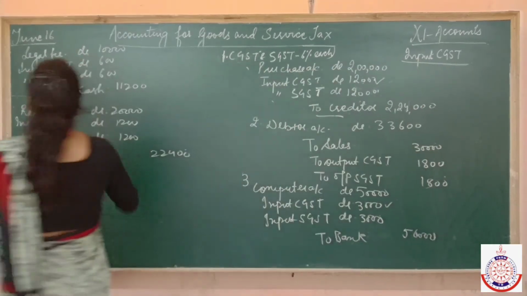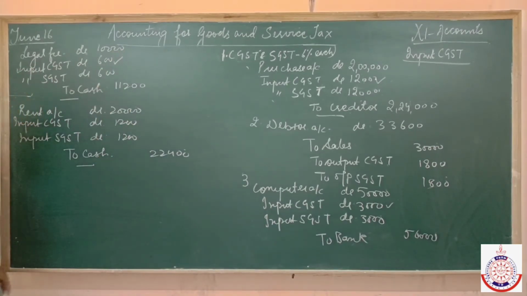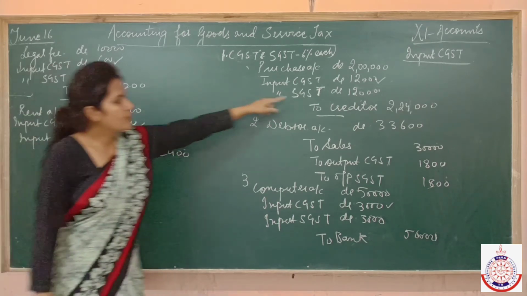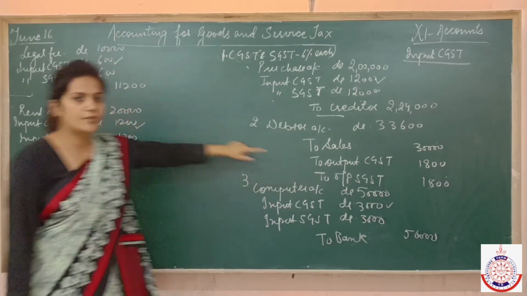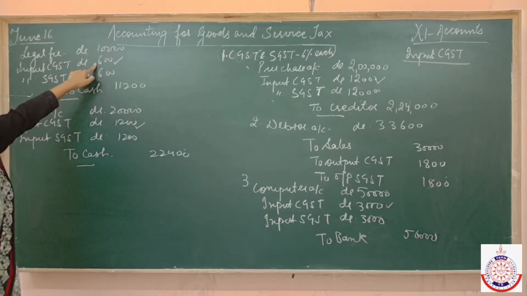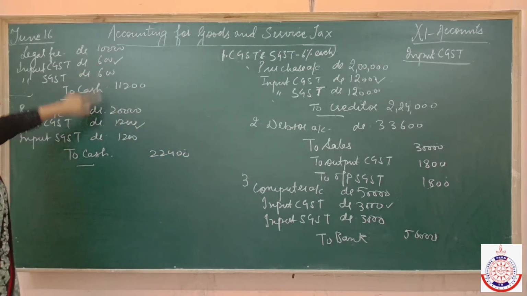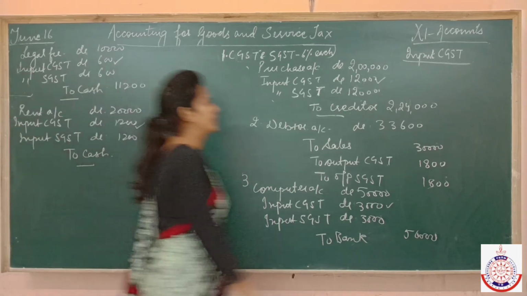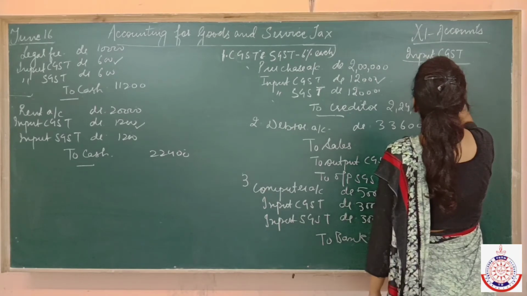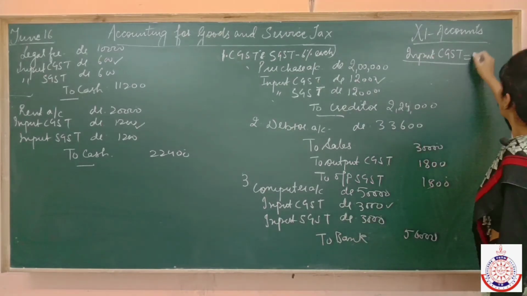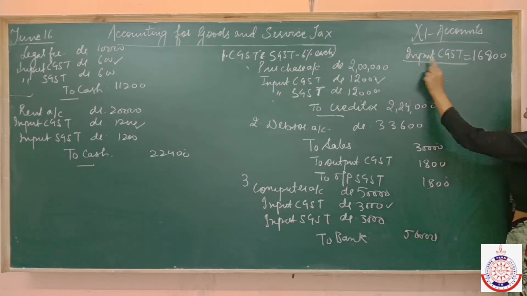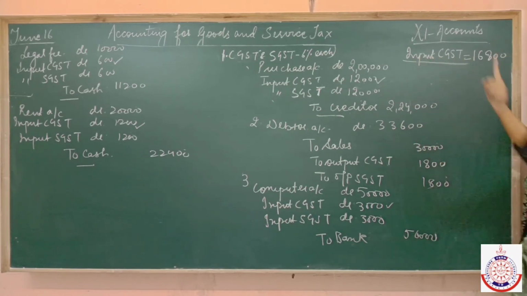Then input CGST 600 and input CGST 1,200. 15,000 plus 600 is 15,600, and 15,600 plus 1,200 is equal to 16,800. It means 16,800 input CGST you have paid.